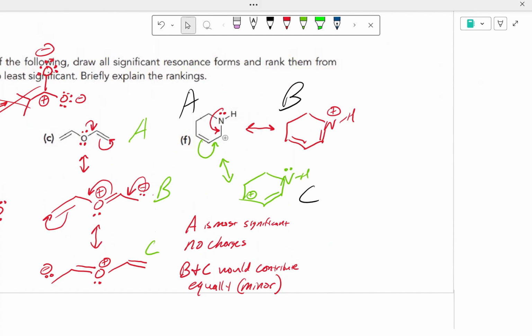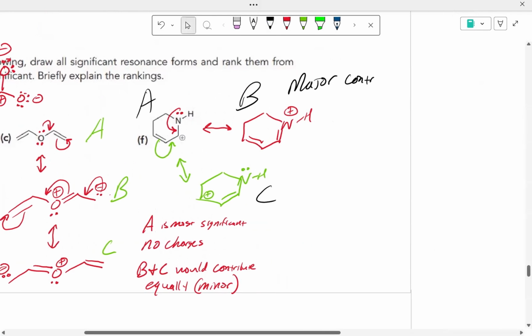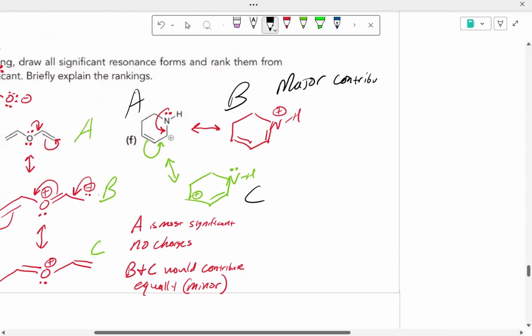Well, that applies to B. B is the major contributor, because all the atoms have a full octet.